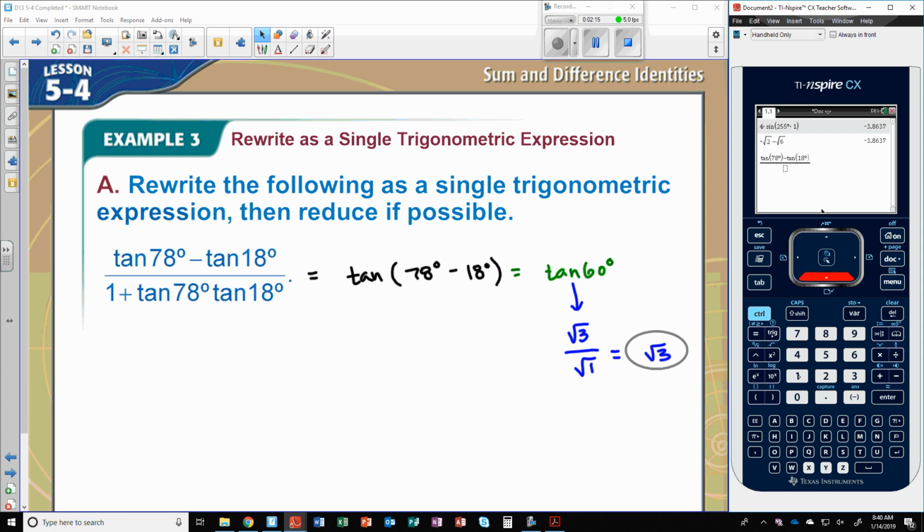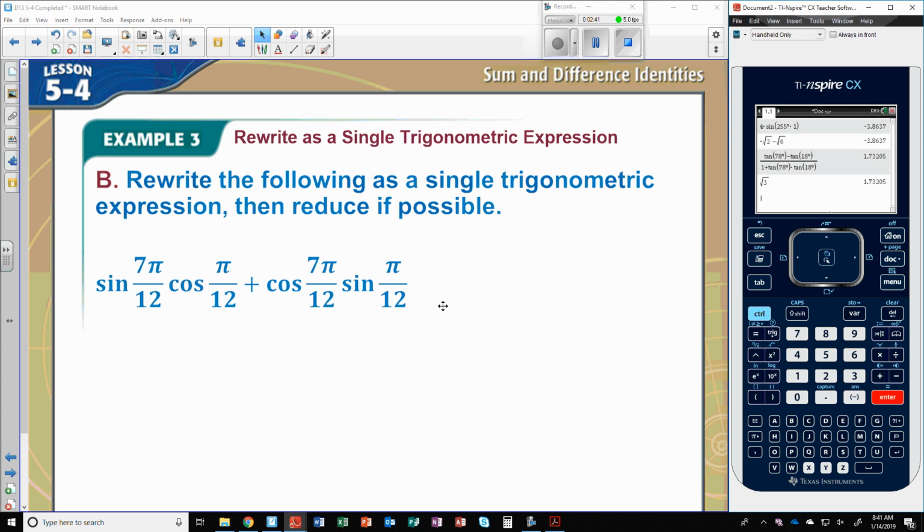And again, all I'm doing right now is checking my work. I'm not going further in the process. I'm just checking to make sure, does this equal each other? Did I make a math error, or am I correct? And so, one more time, tangent of 18 degrees. And I'm going to hope that this equals square root of 3. It does. Boom, we've done it correctly.